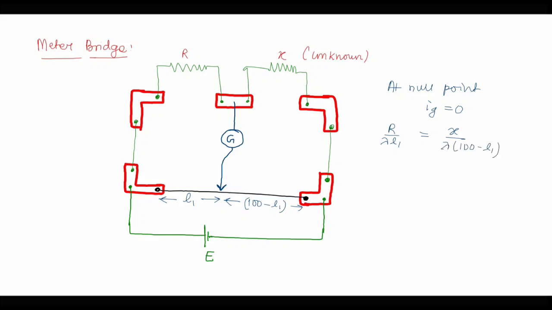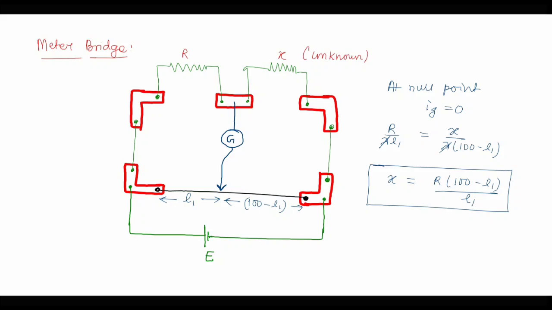That is R1 by R2 is equal to R3 by R4. From here we calculate X, the value of the unknown resistance: X equals R times (100 minus L1) upon L1. This is the formula that we deduce for the meter bridge arrangement.